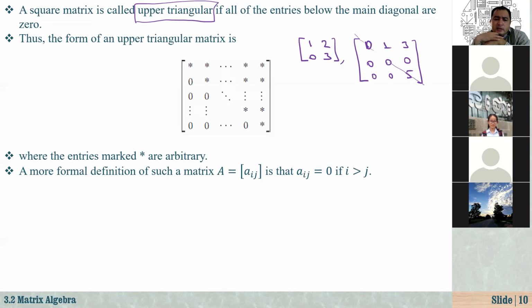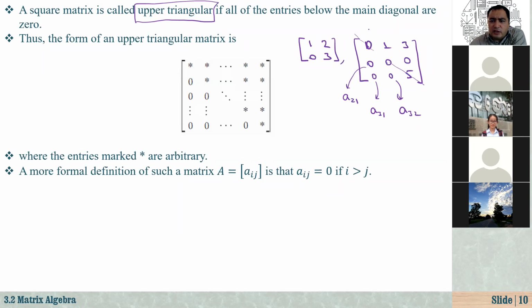Okay. In a different way, how can I define this algebraically? As you see here, all the entries below the diagonal: this entry is A21, this entry is A31, and this entry is A32, right?